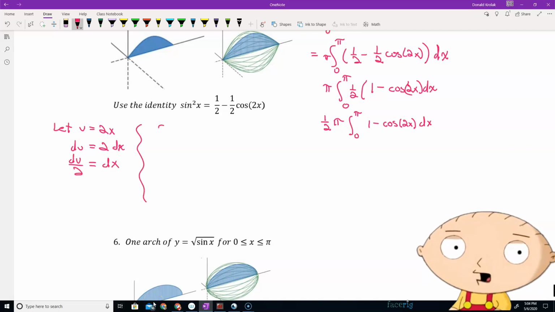All right, now we will substitute that into our integral. This is really a 1/2, which I could pull out front, in front of my integral symbol.